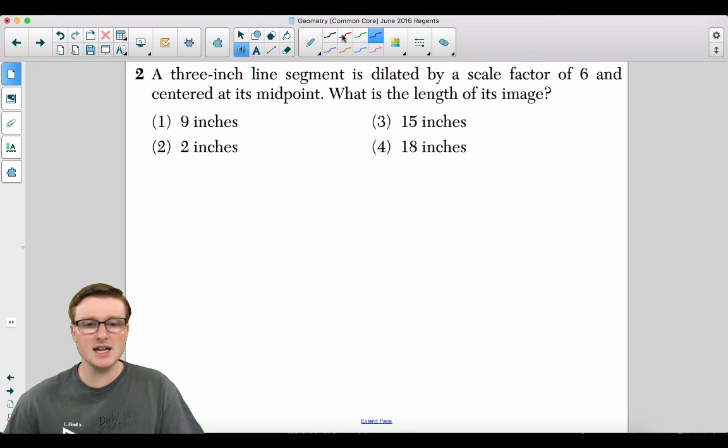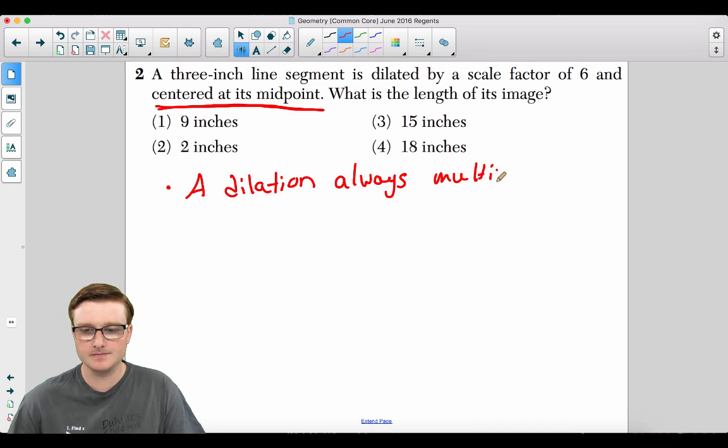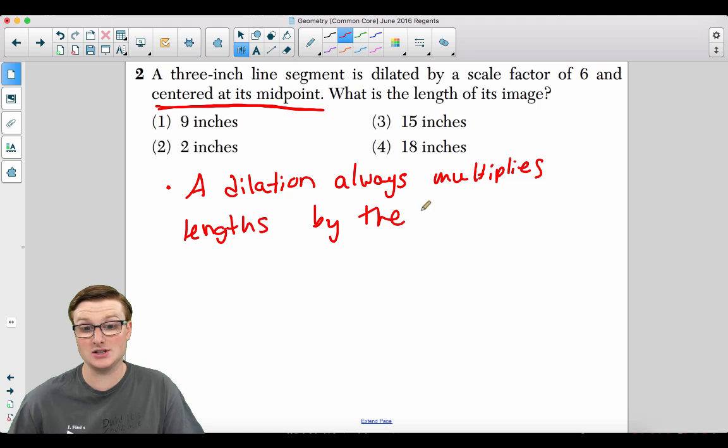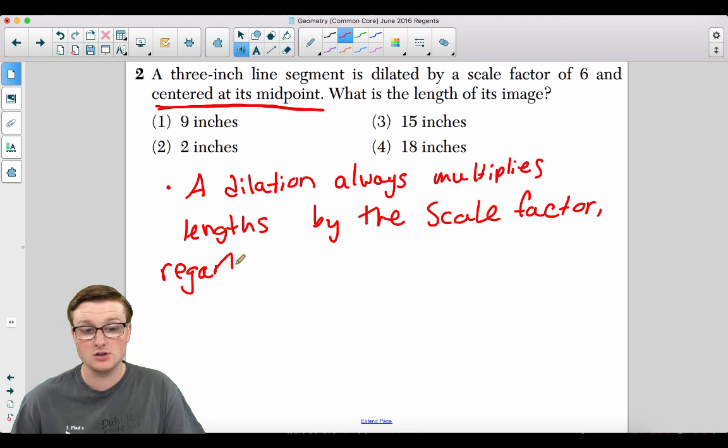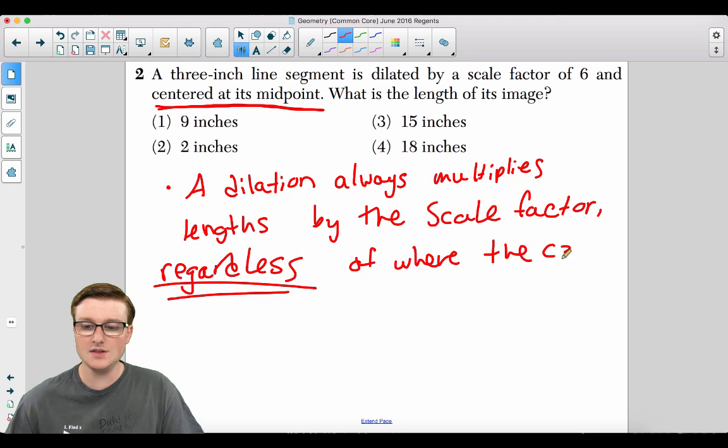Okay, number 2, a 3-inch line segment is dilated by a scale factor of 6 and centered at its midpoint. What is the length of its image? Okay, one thing that trips people up is this, centered at its midpoint. That doesn't mean a darn thing, because a dilation, and this is just a fact that you need to know, a dilation always multiplies lengths by the scale factor, regardless of where the center is located.